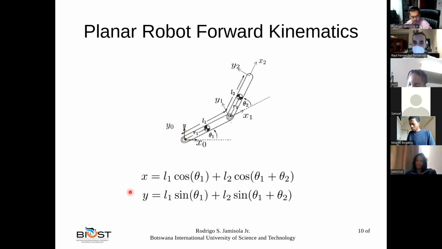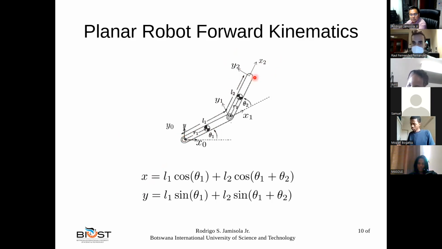So let's start with this. What you do here is that you want to put these 2 values, or this position, as a function of this one. And how do you do this? So the first option, which is the simplest one for this scenario, is to use geometry, to use trigonometry.